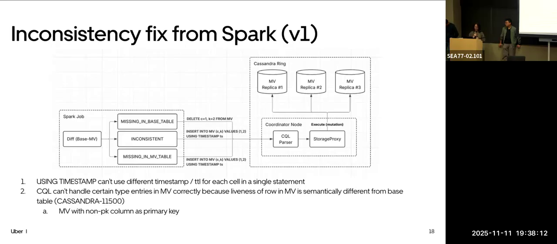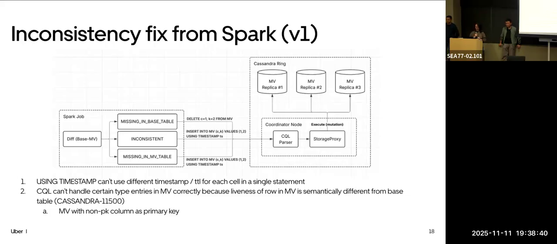The second limitation is that this native SQL write path cannot handle certain types of entries in the MV correctly. More details are in this ticket, Cassandra 11500. Basically, it's because the liveness of a row in an MV is semantically different from the base table, so you cannot treat it as a purely ordinary table.